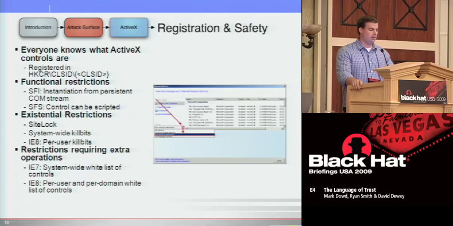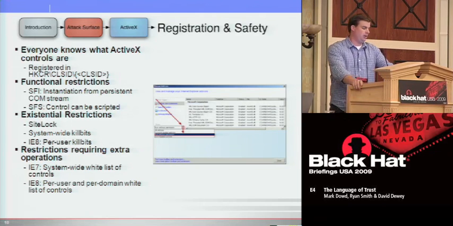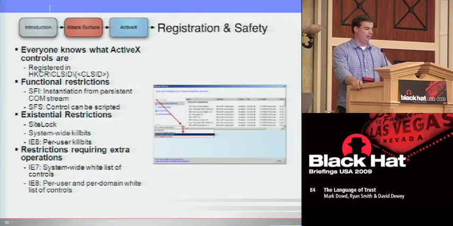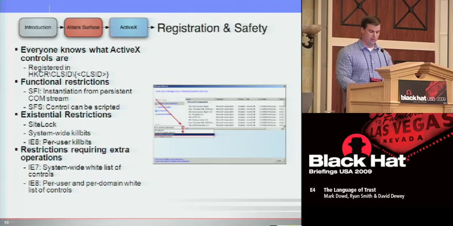In IE8, the ability to restrict kill bits on a per user basis was added. There's a few other types of restrictions where, like in IE7, there's a system-wide whitelist of controls, so you can start with a whitelist of controls that are allowed to be loaded and then optionally add controls to that list as time goes on. And then in IE8, that's added at the per user and per domain level as well.